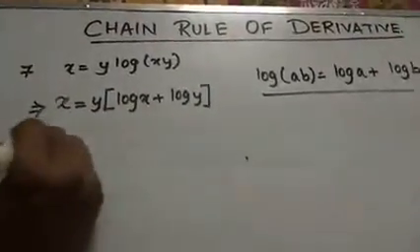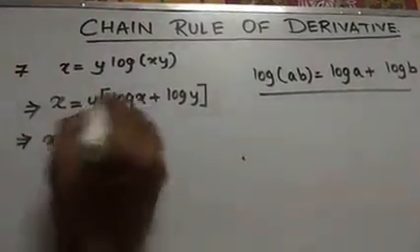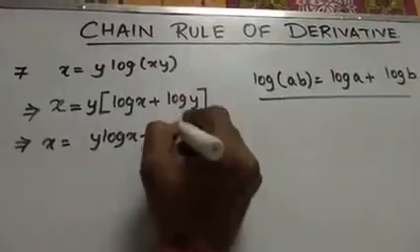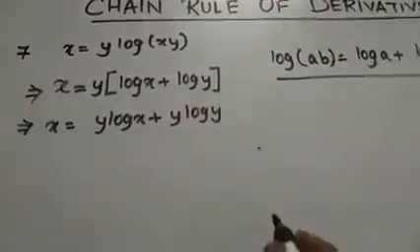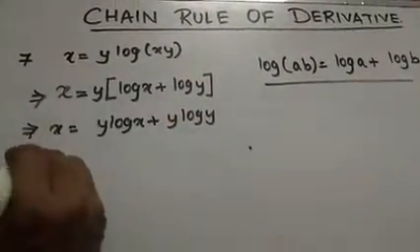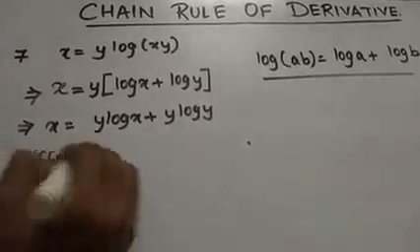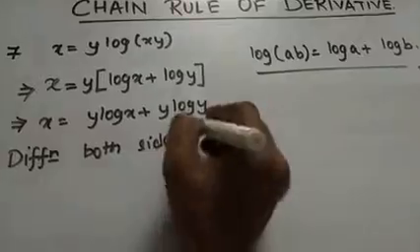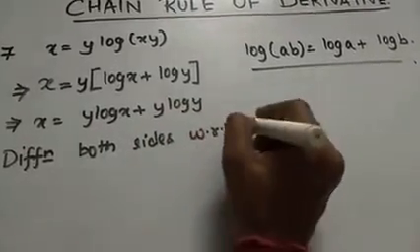Then we are going to open the brackets by multiplying: y log x plus y log y. Now we have to differentiate both sides with respect to x.